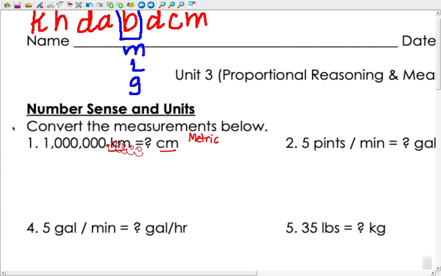So my number, I'll write this answer down, is 1. I believe this is 100 billion. Count. Yeah, 100 billion centimeters is my final answer.